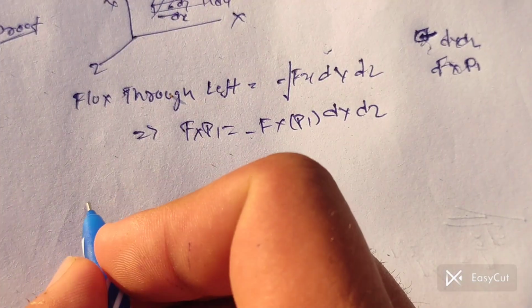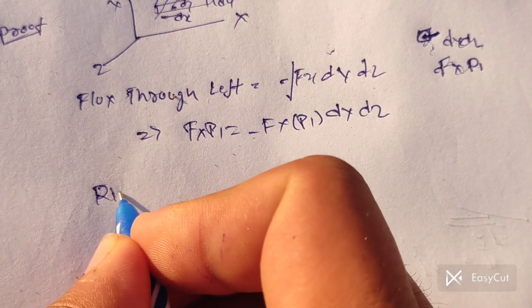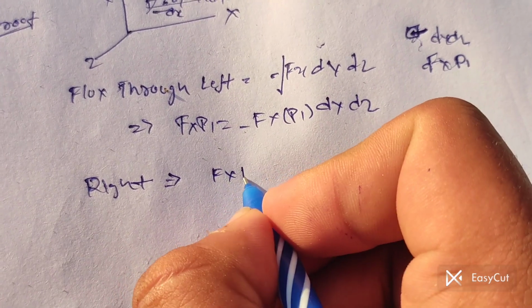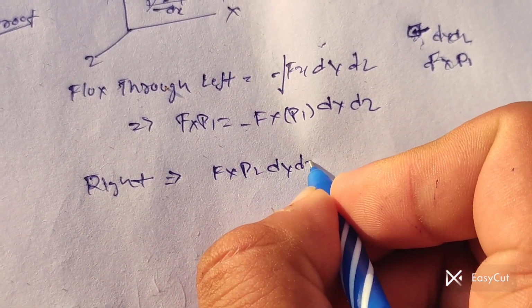The same applies to the right hand side: it becomes Fx at the right hand point times dy dz.